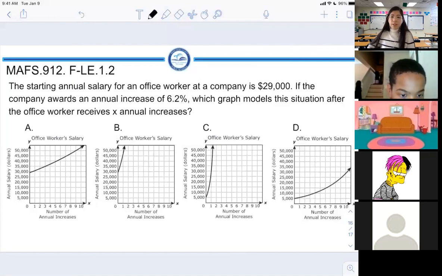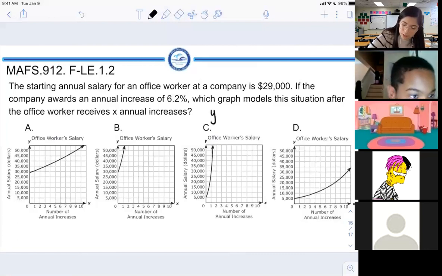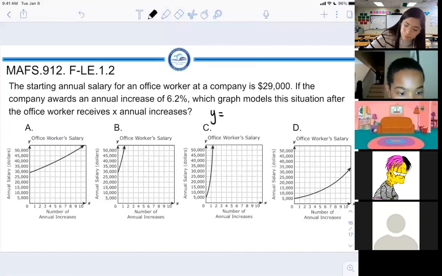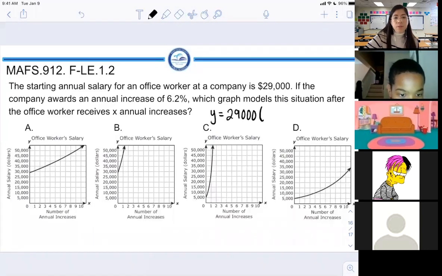First thing is I can write the function. So just like this previous example that we just did, let's write this function. What do I write first? 29,000 times, is this growth or decay?